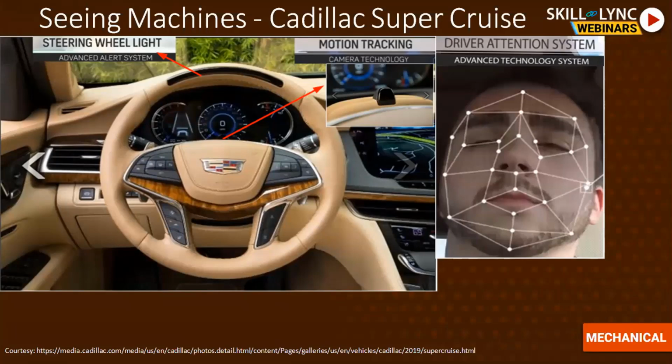If the driver doesn't take control, it has something that pulls the vehicle to the side of the road and parks it there. This is a very interesting technology that we have in Cadillac today that can detect the driver and provide necessary warnings. The warnings come through audio visual alerts and also vibrations in the driver seat itself. That helps us to realize that the driver is distracted or maybe drowsy.